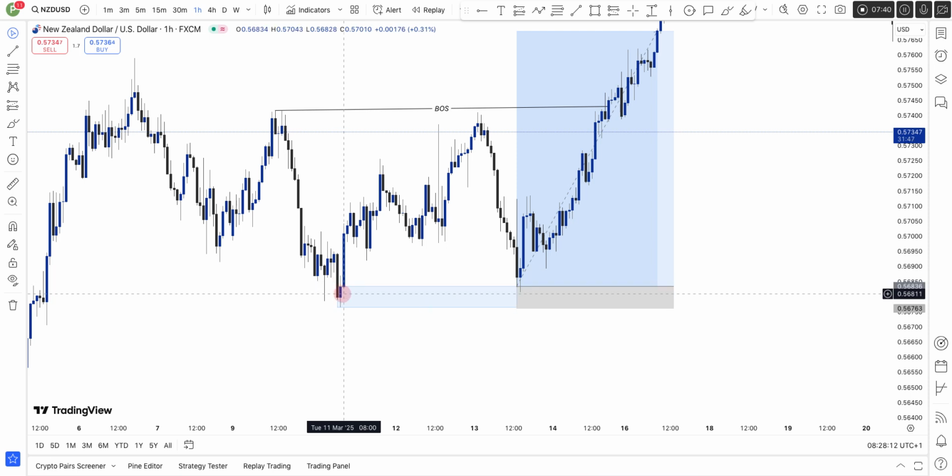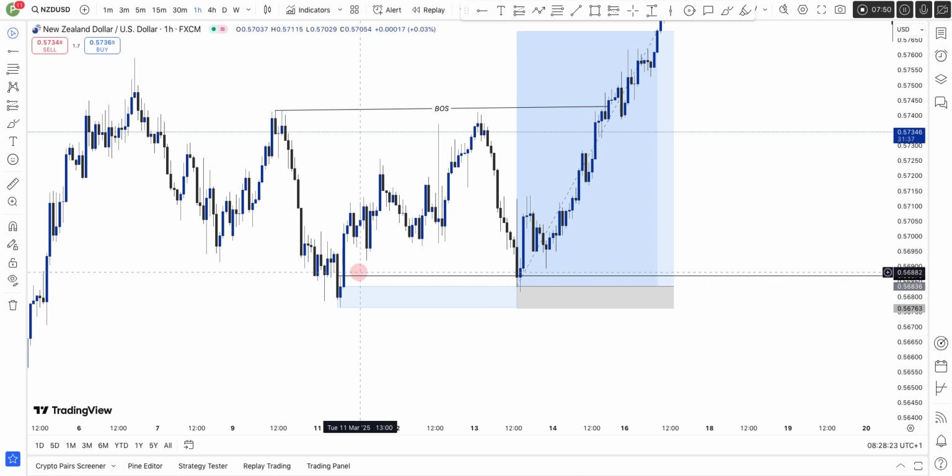Now, if you look at this candle here that I use as my order block, this is the full body, this is the whole candle. But I did not consider this zone. I only used the body of the candle, I ignored the wick. And look at that.